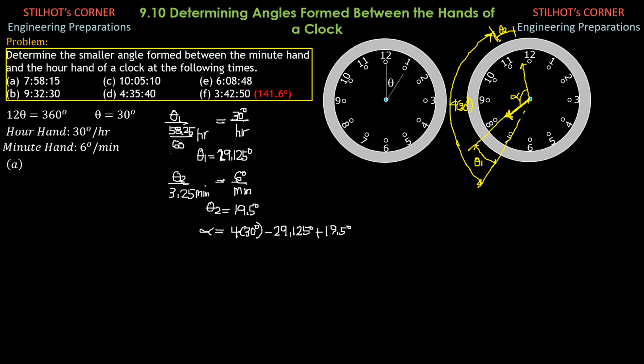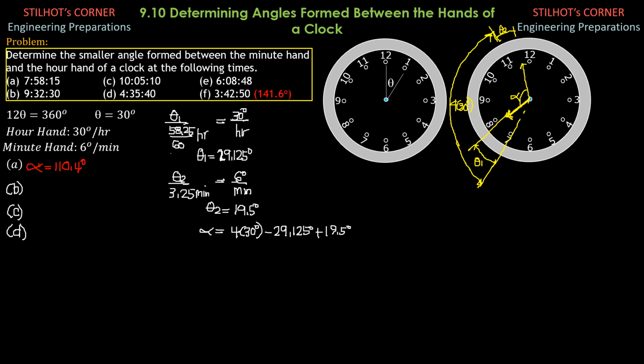So 120 minus 29.125 plus 19.5 equals 110.375, and we'll round that off to 4 significant figures, so 110.4 degrees. So for part B, let's put the answer here, part C and part D.